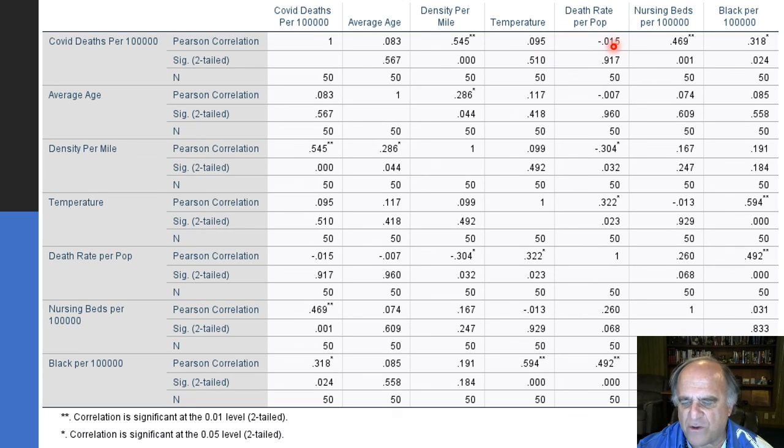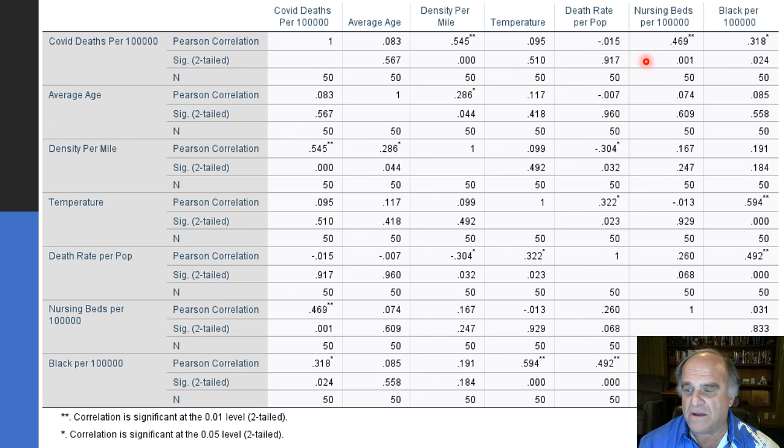The overall health or wellness of the state based on the death rate per 100,000 is almost zero, negative 0.015. Nursing beds per 100,000 is a predictor, 0.469. And also the percentage of individuals identifying as Black in the state in terms of their race is a predictor of COVID deaths per 100,000.